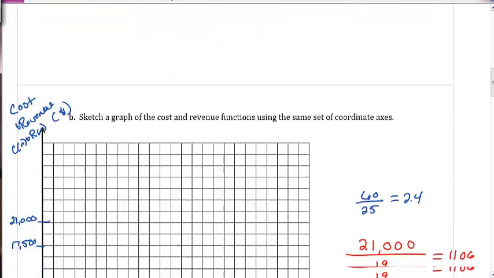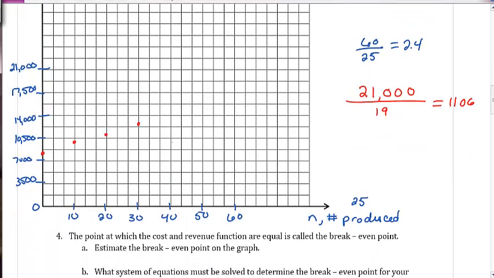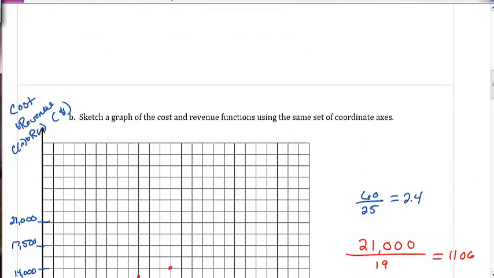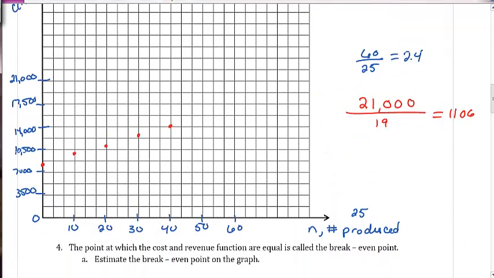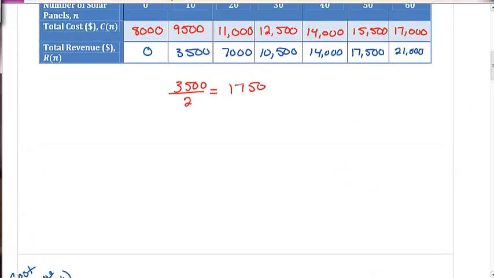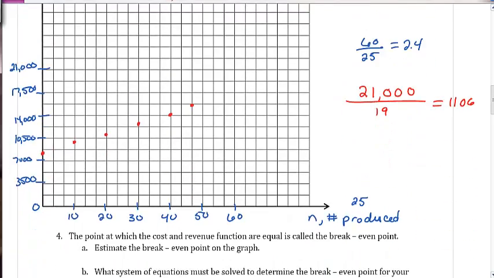And then we have 40, 14,000. This one actually is right on the graph, which is nice. And then we have 50, 15,500. And then we have 60, 17,000.